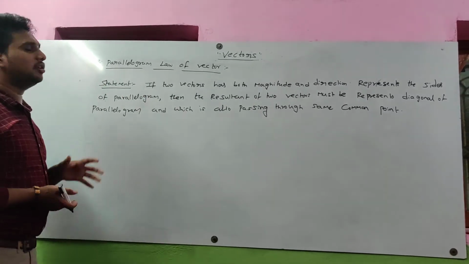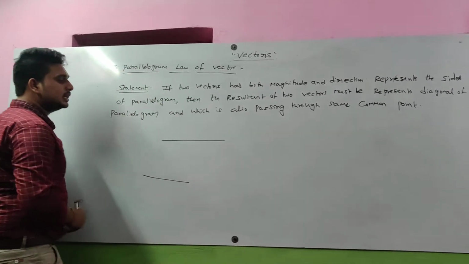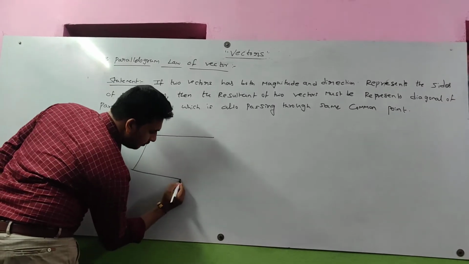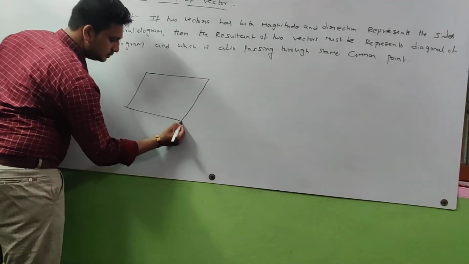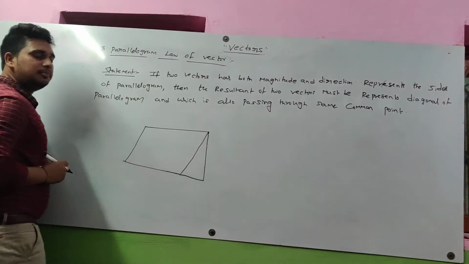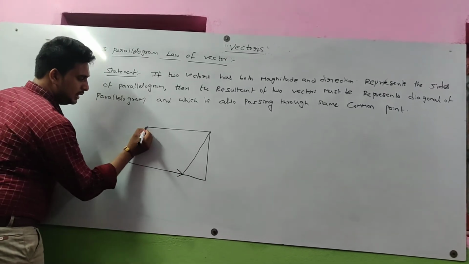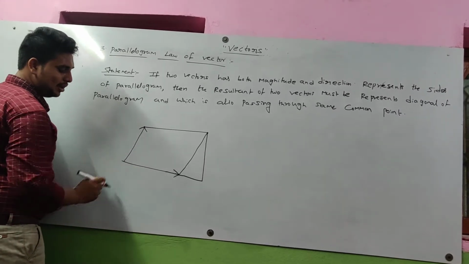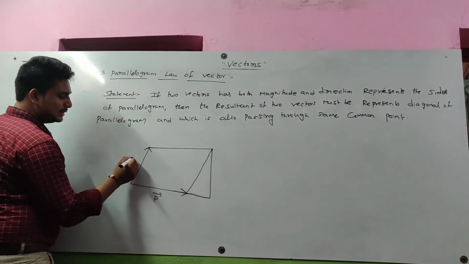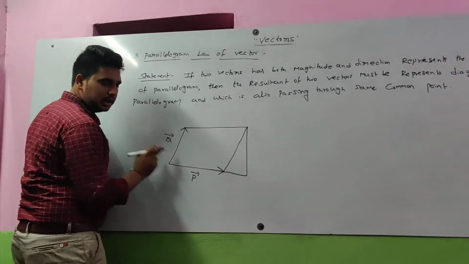For example, this is a parallelogram. This is one vector, this is another vector. These two are adjacent sides of the parallelogram. This I consider as P bar vector and this as Q bar vector. P bar and Q bar are adjacent sides of the parallelogram.